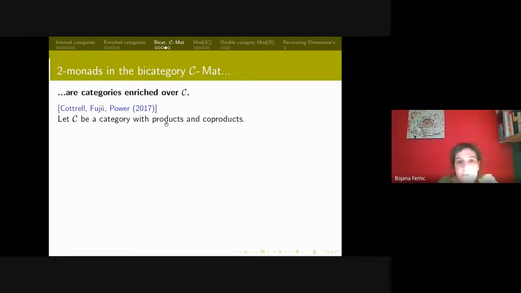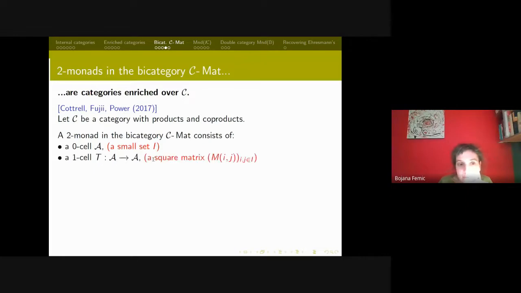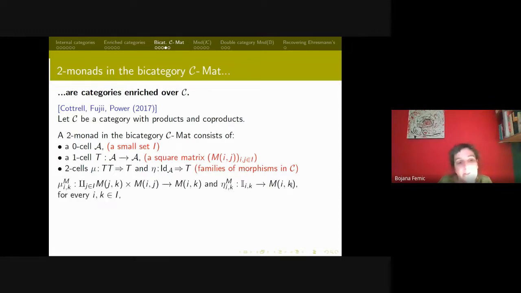So let's see, B with products and coproducts, so one category. A monad in the bicategory of C matrices consists of, so in black is in a general two-category, and in red is in this specific bicategory of C matrices, a zero cell, it is a small set I. A one cell T, well, it is a square matrix M_ij, just over I. And then two cells mu and eta, well, they are families of morphisms in C of the following form.